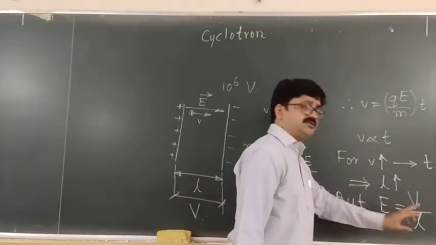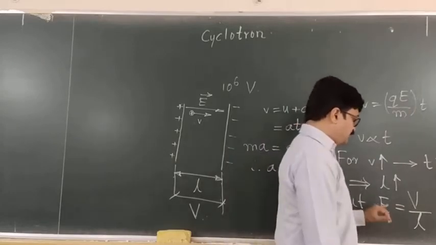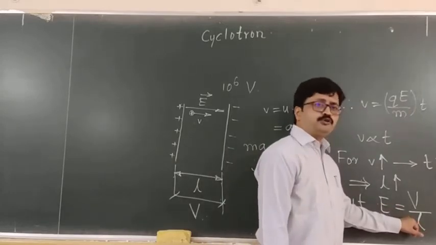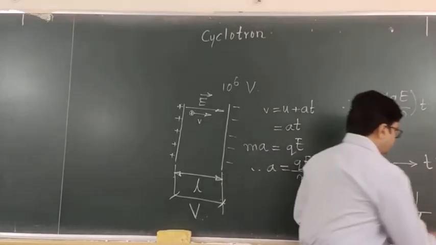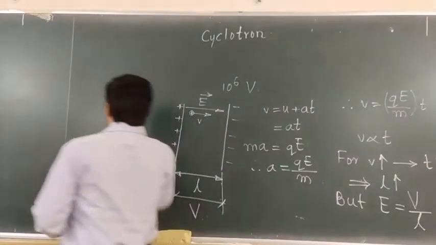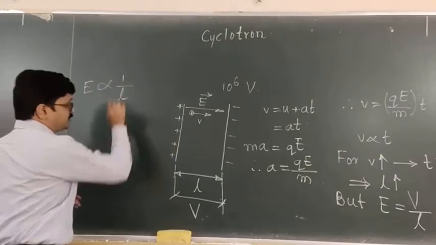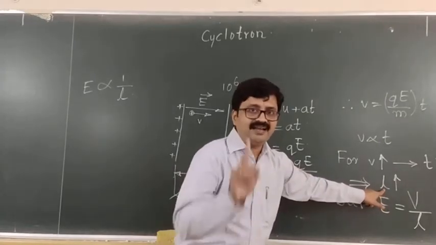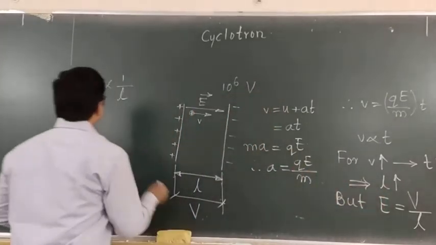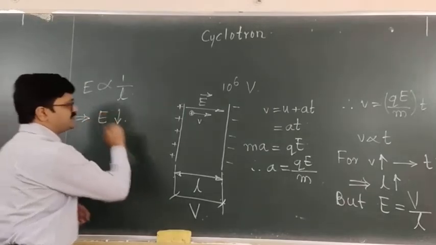So potential difference per length is the magnitude of the electric field, and from this E is inversely proportional to length. But in this case, the length is increasing. If the length becomes large, E will become small. So obviously E will decrease here.